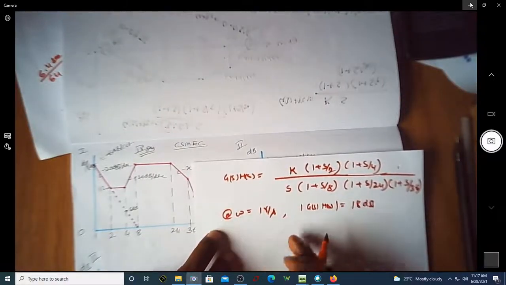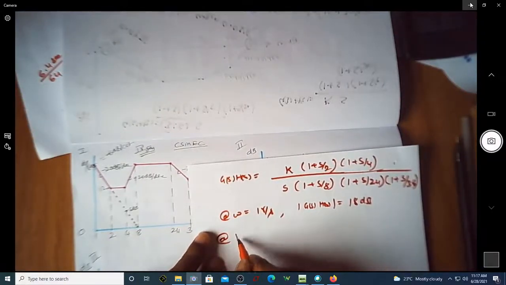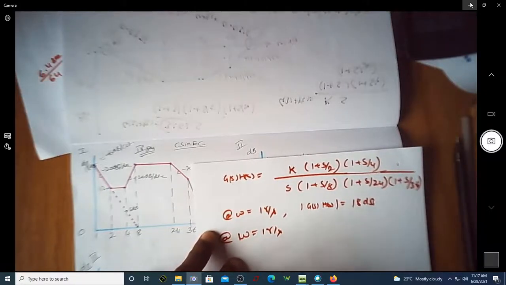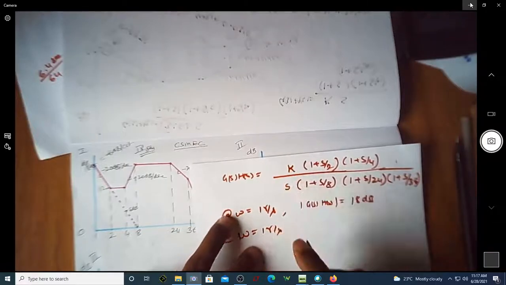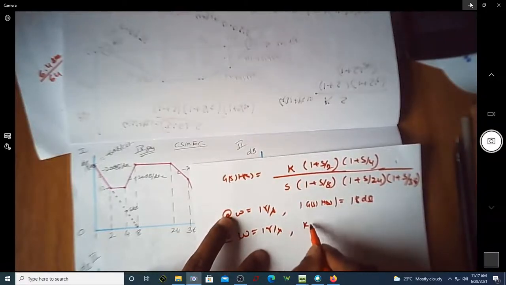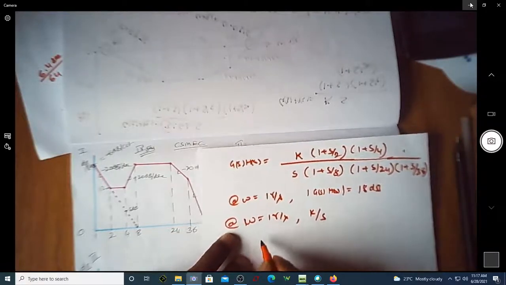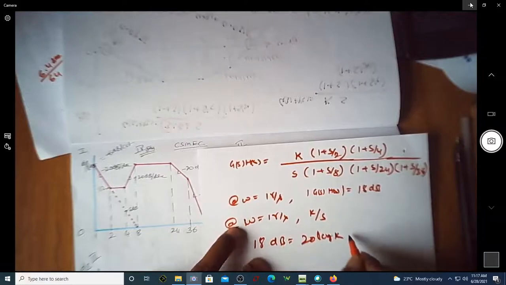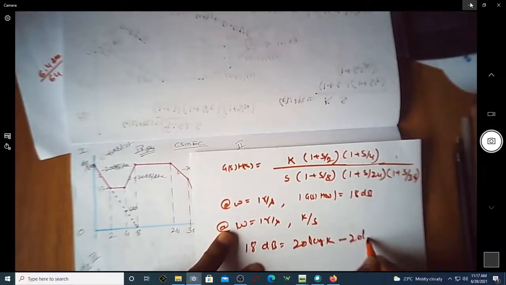So at omega equal to 1 radian per second, the terms that are contributing are K and 1 over S. I can write 18 dB is equal to 20 log K minus 20 log omega.